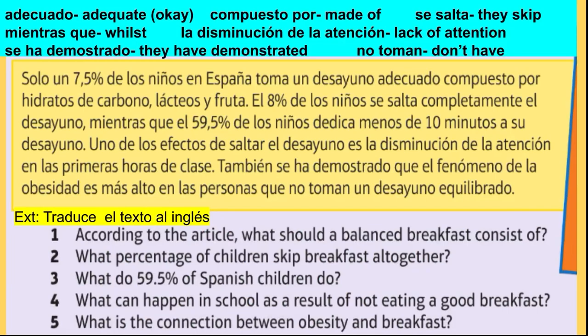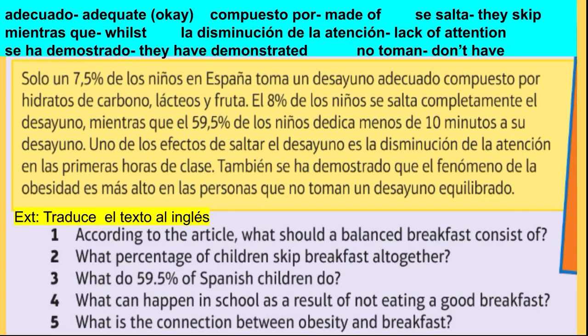So, un desayuno adecuado, an adequate breakfast, so essentially a balanced breakfast. And it's saying that it should consist of carbohydrates, dairy and fruit. Hidratos de carbono, lácteos y fruta.